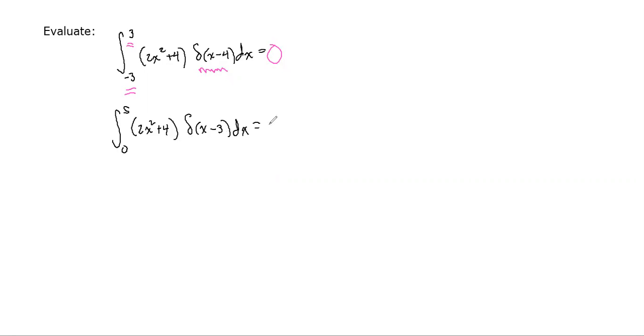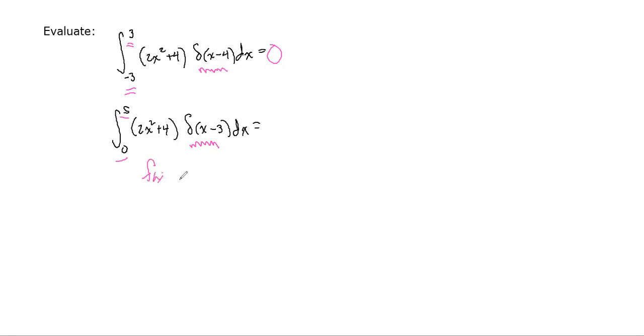So what do we get for that? Here I have the Dirac delta blowing up within my limits of integration. So it blows up, quote unquote, at 3, and that's in between 0 and 5. So I just evaluate this.